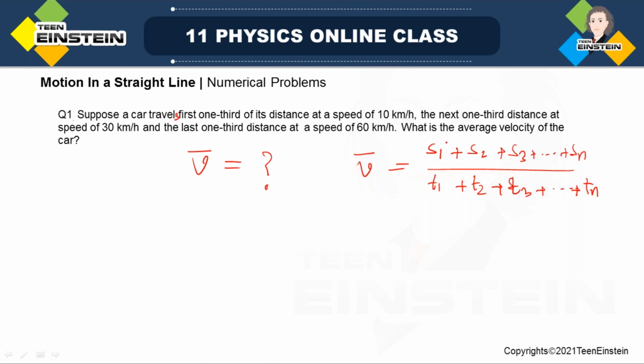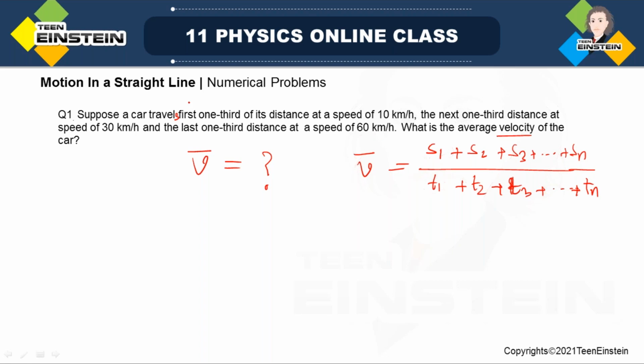So you have to find the total displacement divided by the total time interval. You take the ratio of the total displacement covered to the total time it takes. Look whether this information is there or not.